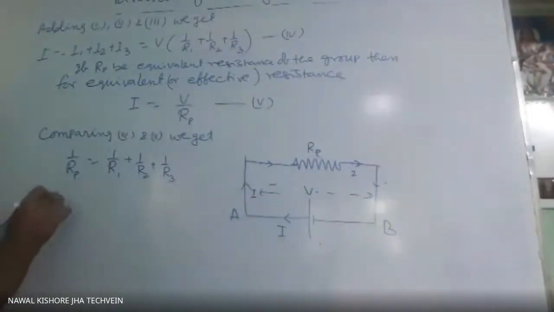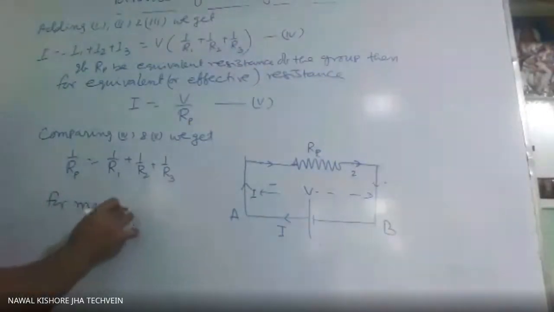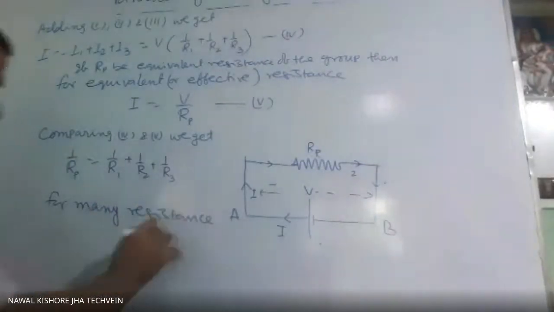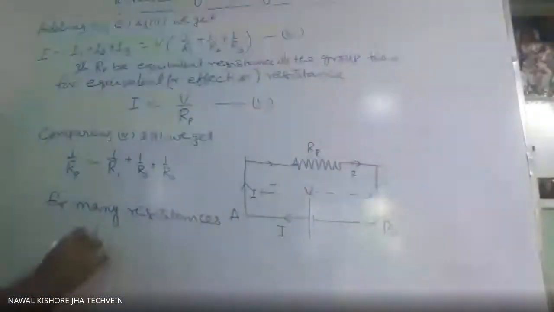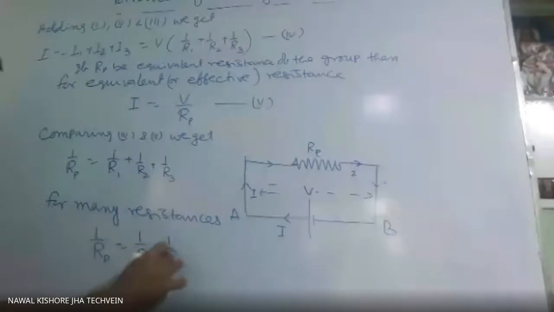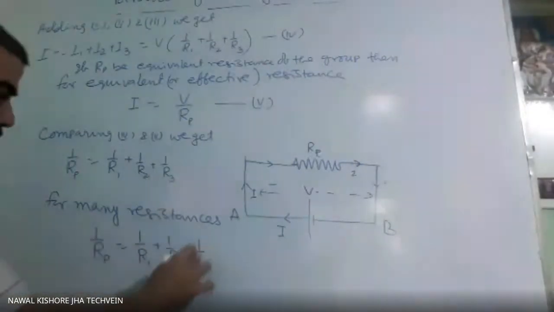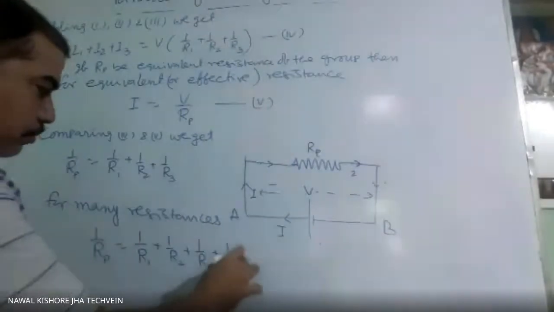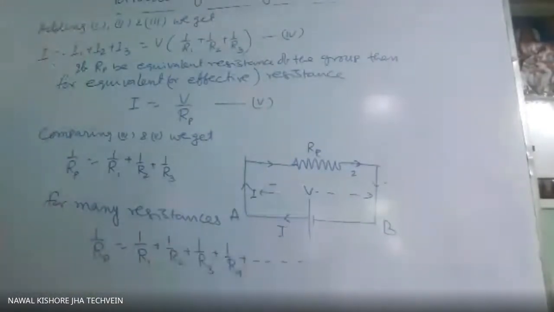So for many resistances, 1 by RP will be 1 by R1 plus 1 by R2 plus 1 by R3 plus 1 by R4 and so on, whatever the number of resistances may be.